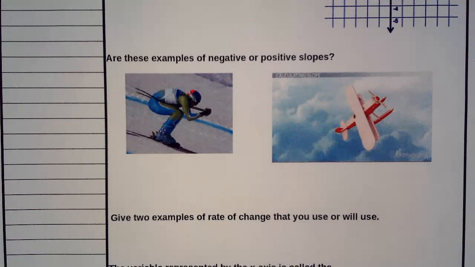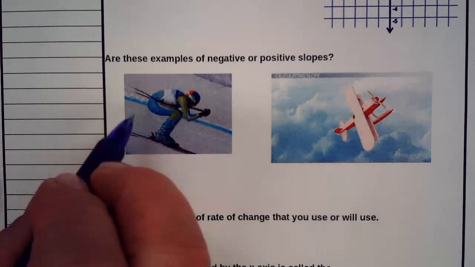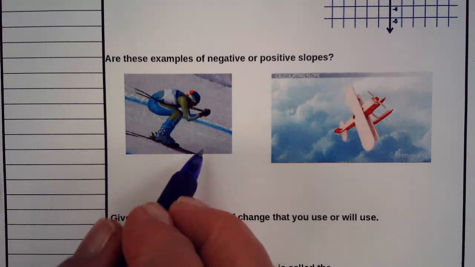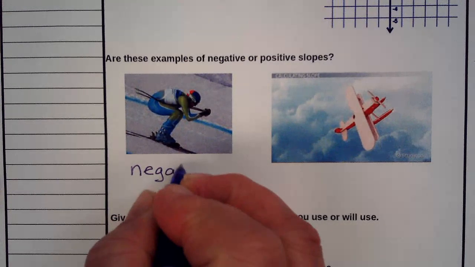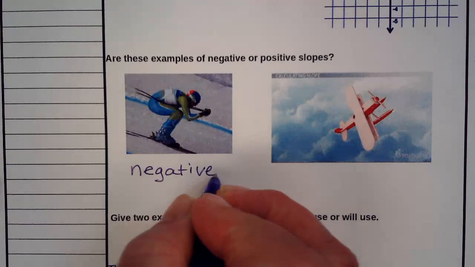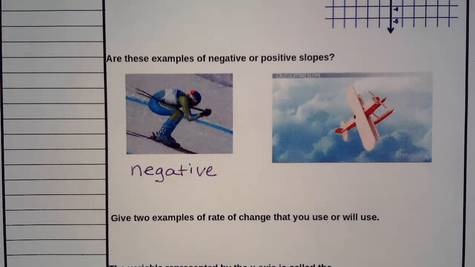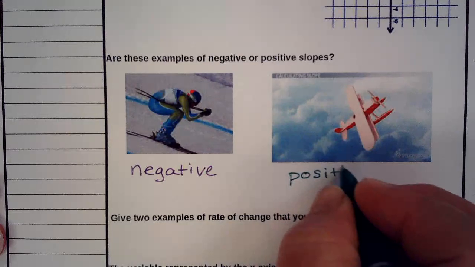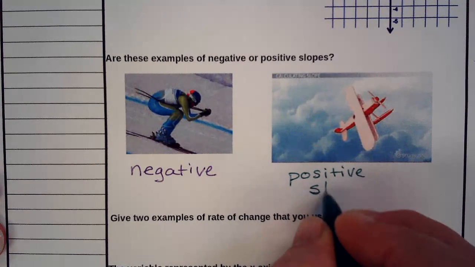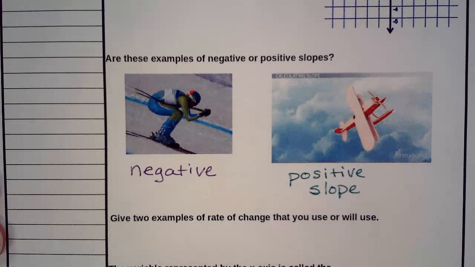For the first one, is that a negative or a positive slope? Going downhill, that would be negative. What about the other one? The airplane is taking off. It's going up into the sky. That would be positive. Positive slope and negative slope.